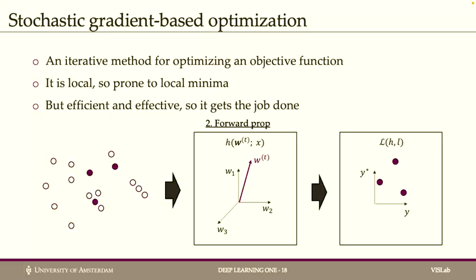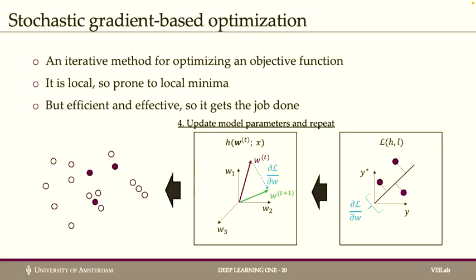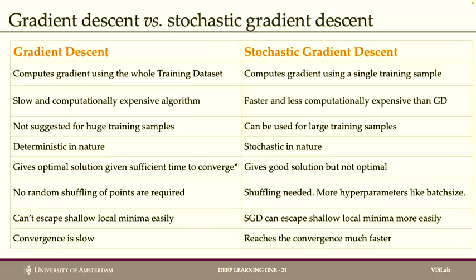In this case, y is our output and y star is what it should be. So the loss is given by the distance to the diagonal. Just a simple regression problem. We have selected 3 samples, computed our loss, and now we compute the gradient and we update. We do this rinse and repeat.